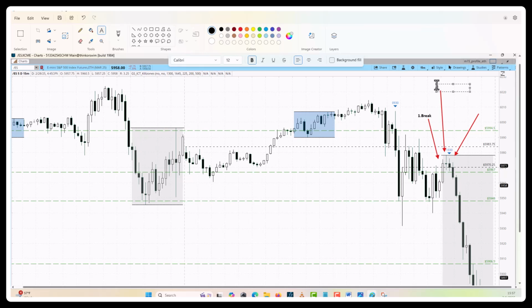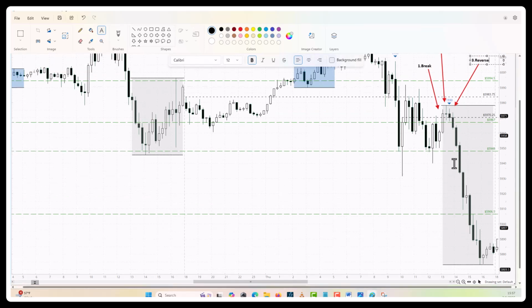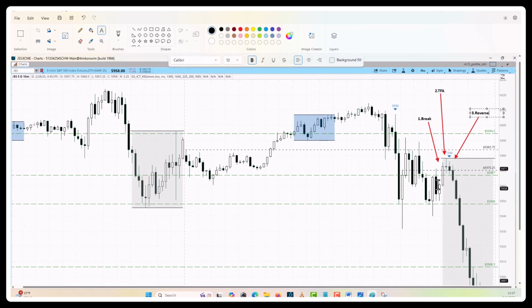And then you create a test from above, and then the next step is just reverse. That is our type 4 breakout, type 2 reversal right there.